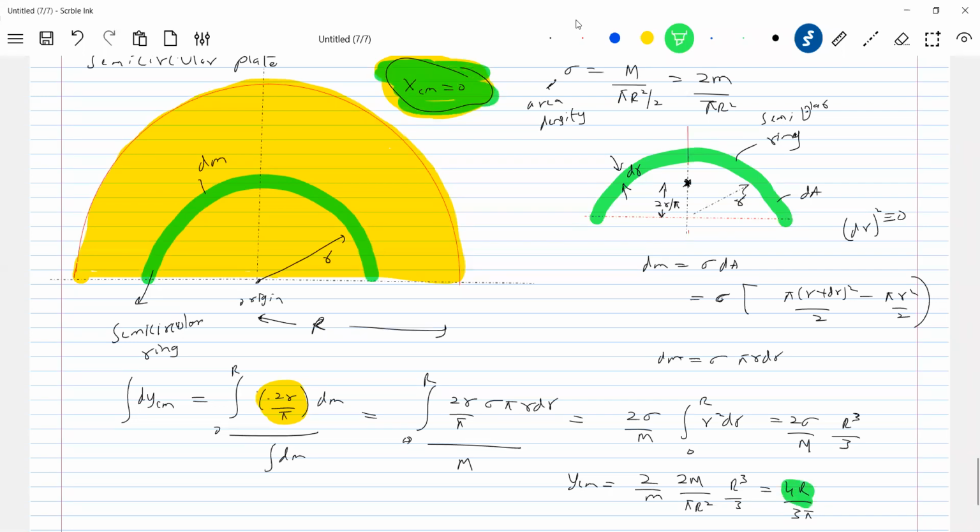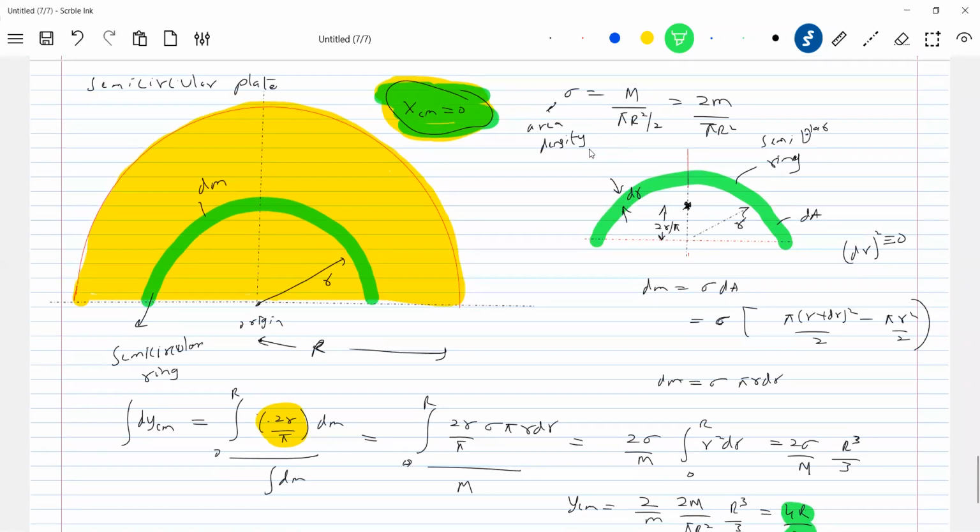So this should be the semicircular plate here. The mass is distributed symmetrically about the y-axis. See how the mass is distributed in the first quadrant; in a similar way the mass is distributed in the second and third quadrants. Therefore, xcm will be 0.